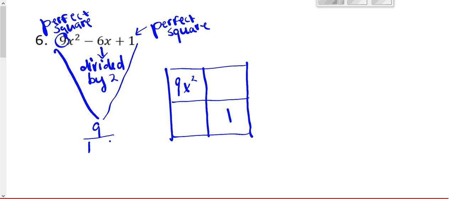Okay, so I have 1 times 9, and I have negative 1 times negative 9. I have 3 times 3, or I could have negative 3 times negative 3, which is actually what gives me negative 6. So I have negative 3x and negative 3x.